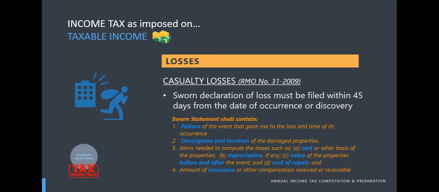If the amount of casualty loss, let's say for example, is 1 million, and you were reimbursed by the insurance company an amount equivalent to 500,000, then the 500,000 is the amount of casualty loss that must be deducted for tax purposes.